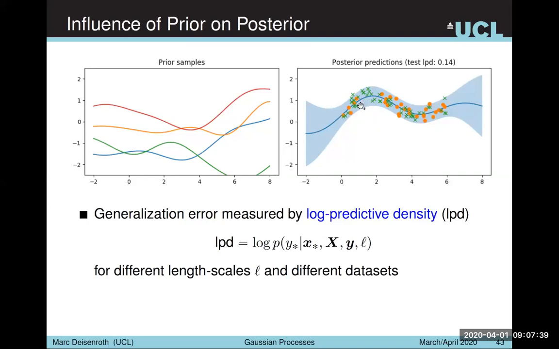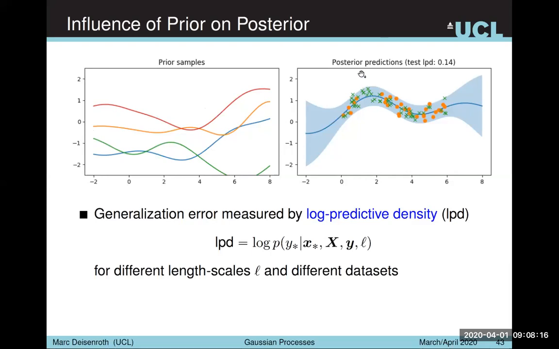What we're going to measure now is the log predictive density of the predicted labels, the y star labels, at the corresponding inputs, for different length scales and different data sets. So now we're choosing one length scale and we're going to generate some prior samples from the Gaussian process prior. You've seen these kinds of functions before. These are typical functions that we would expect to get from our Gaussian process prior.